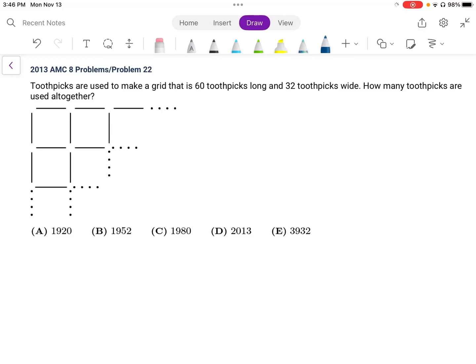Problem 22. To make the grid 60 toothpicks long and 32 toothpicks wide, we will have 61 vertical lines, where each line contains 32 toothpicks. That's 61 multiplied by 32. And also we will have 33 horizontal lines that each contain 60 toothpicks.